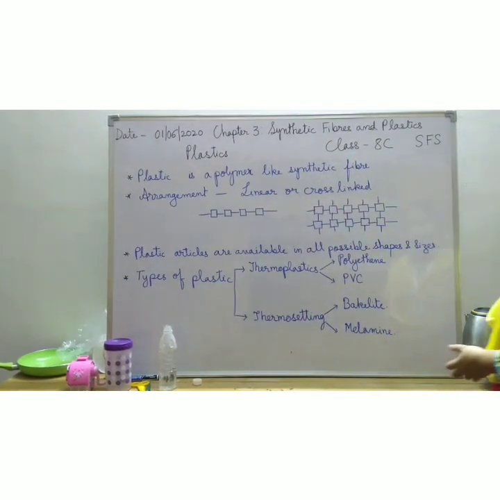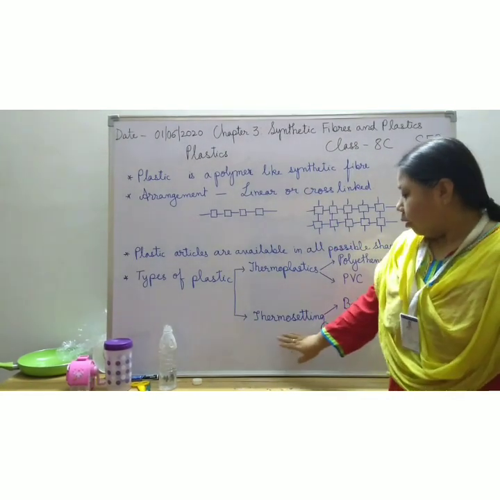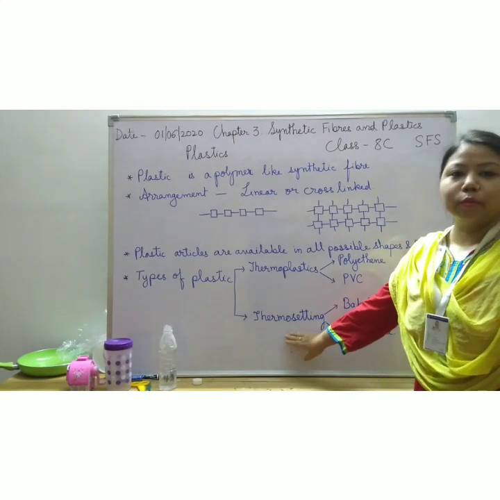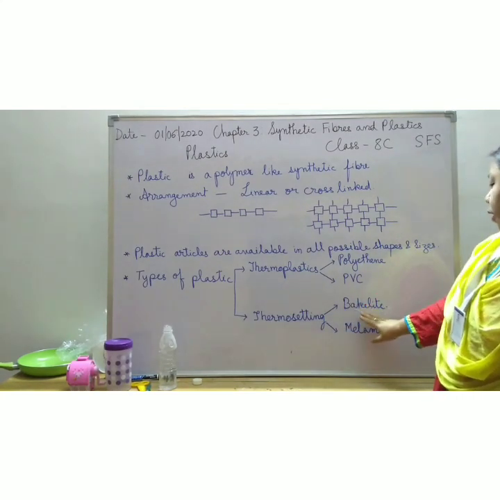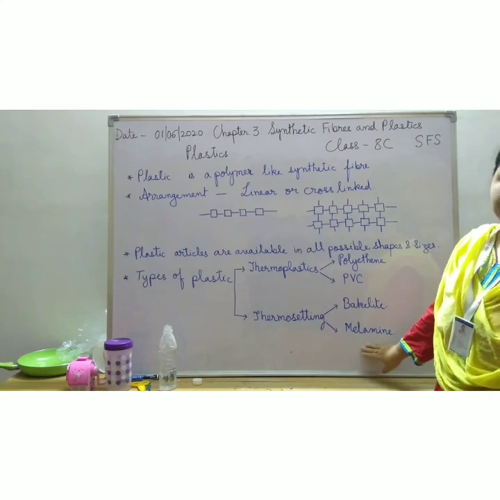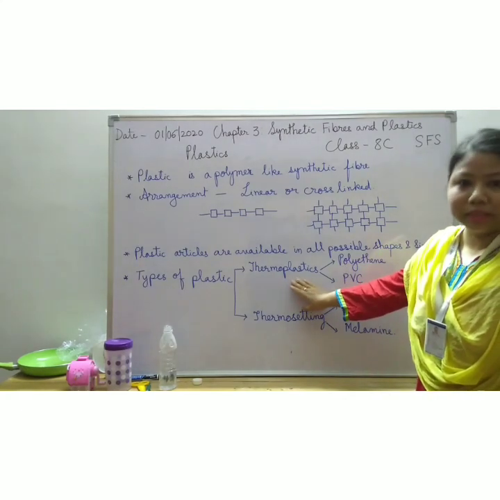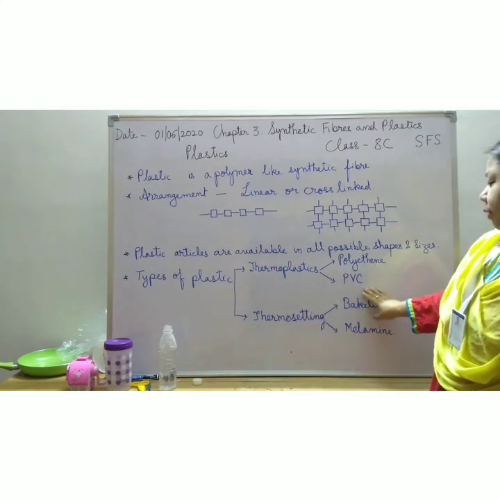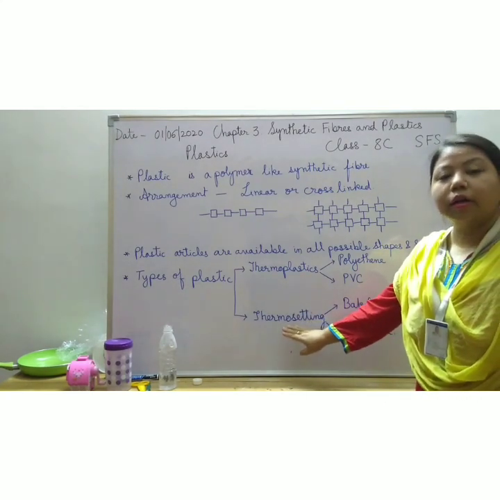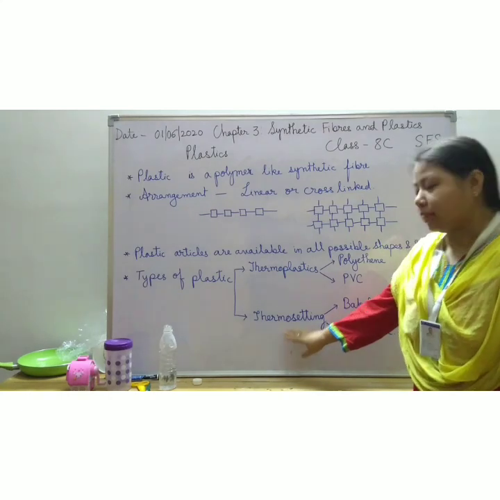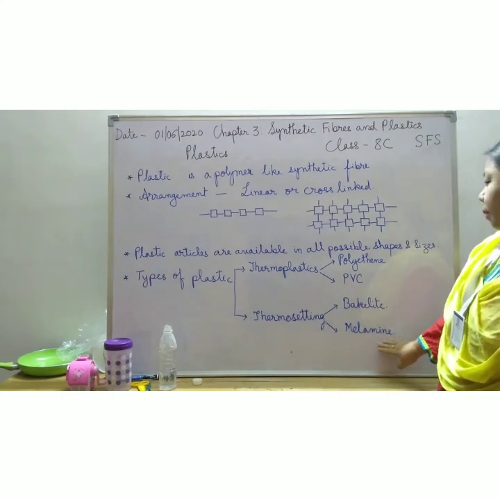Fine. Now, very common examples of thermosetting plastic are bakelite and melamine. Just like the most common examples of thermoplastics are polythene and PVC, similarly the examples of thermosetting plastics are bakelite and melamine.